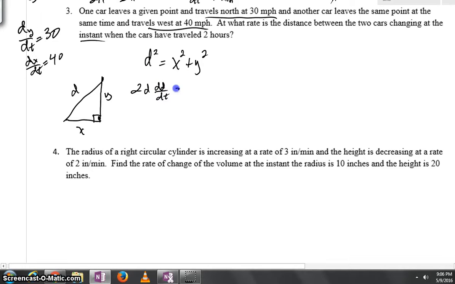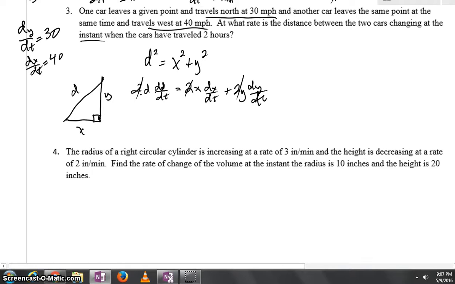D is a function of time. It's the chain rule. 2x, dx/dt, plus 2y, dy/dt. Divide out a 2 everywhere. That's nice and simple. We already know what dx/dt and dy/dt are.